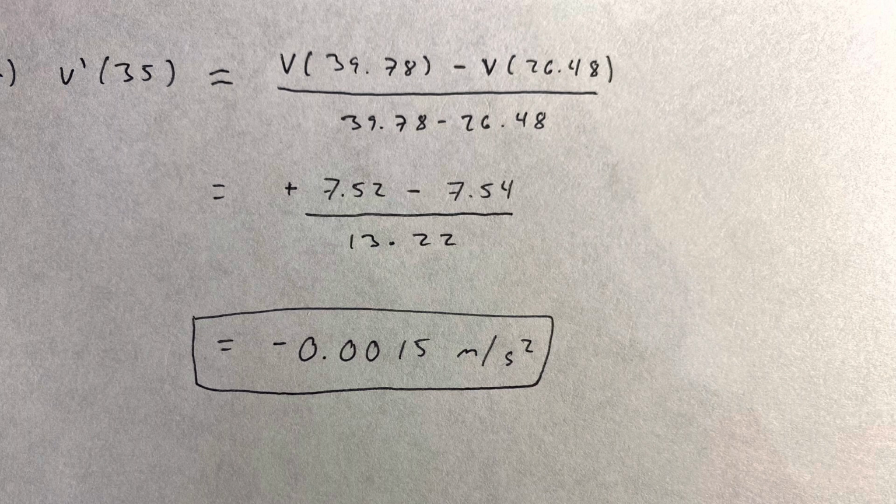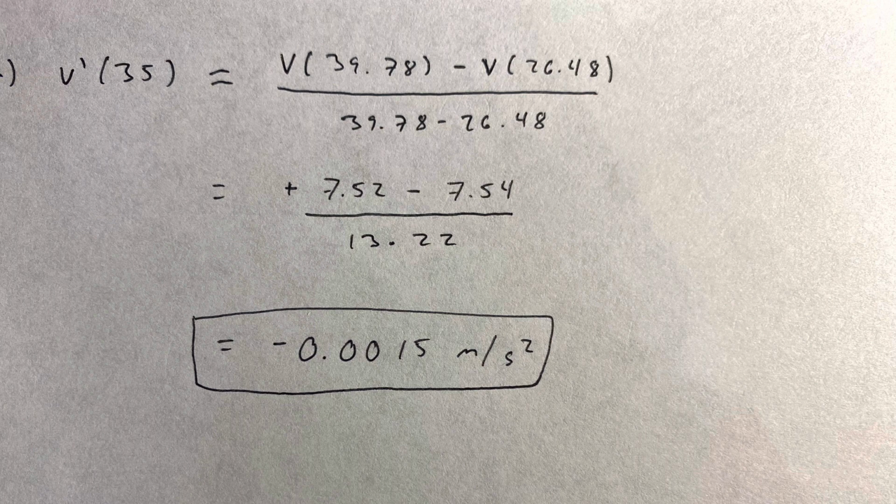Okay, so like I said, I'm going to be using the data from the table to find the approximate rate at which Danny is running at time equals 35 seconds. So first off, where it says v prime of 35, that's what I'm going to be finding, and I'm trying to find the slope of how fast my velocity is changing. So I use the slope formula, which is y2 minus y1 over x2 minus x1. For 35, I'm going to use points that are above it and below it.